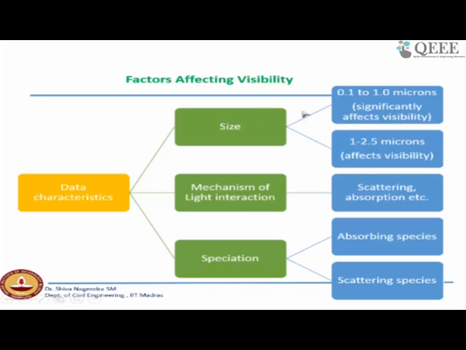It means that combustion related particulate matter has a size range of less than 2.5 microns. Hence, the size of particulate matter significantly affects visibility. The mechanism of light interaction, scattering or absorption, also affects visibility. Then the speciation, the absorbing species and scattering species, for example black carbon, also affects the visibility in that particular area.